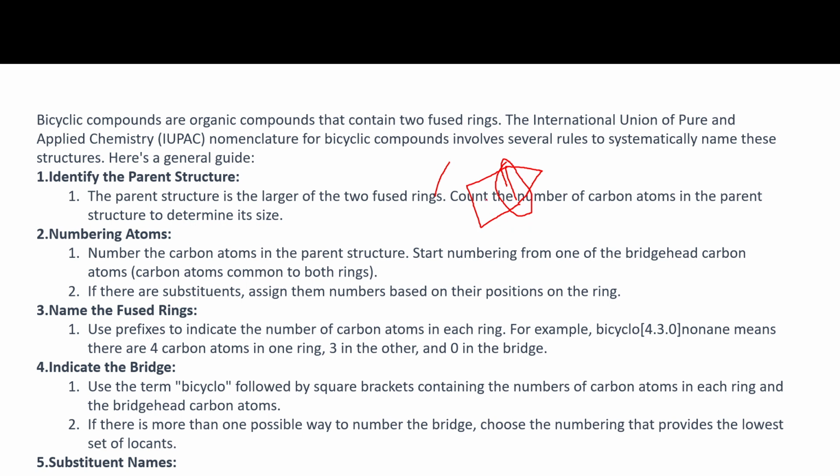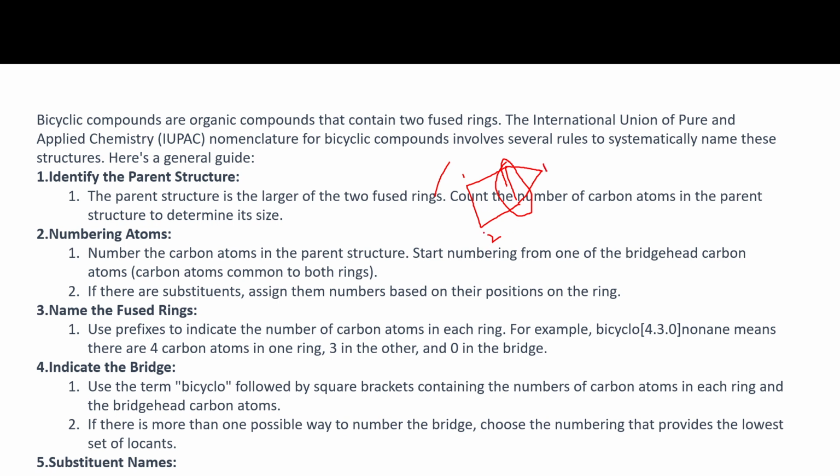This is the bicyclo, and then we have to tell which number of carbon atoms are connecting. We have to start from the big cycle, the big ring. There will be two carbon atoms present, and in this one there will be one carbon atom.